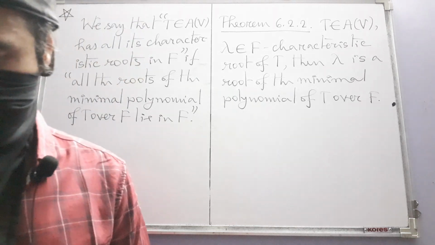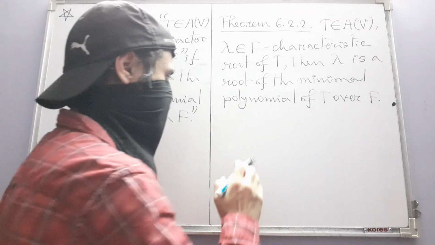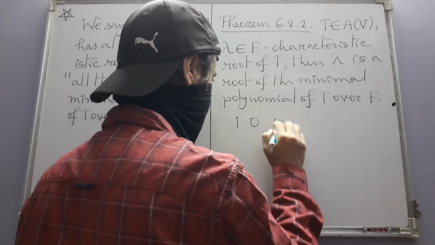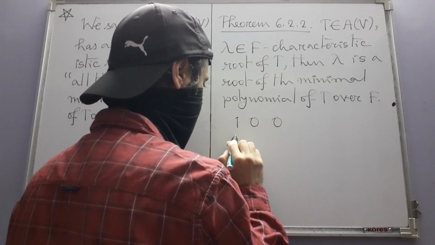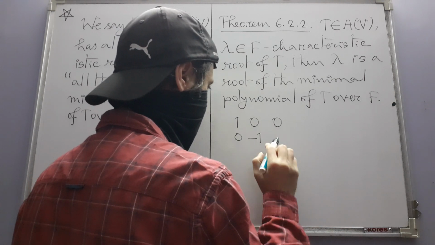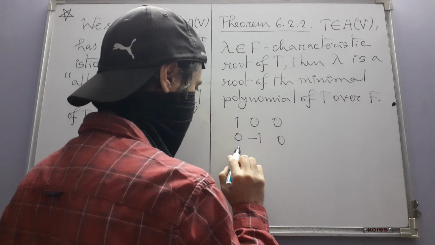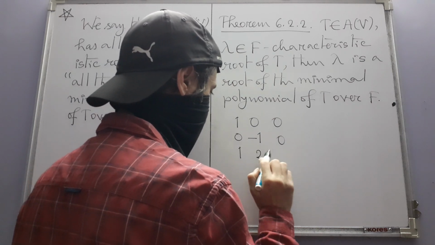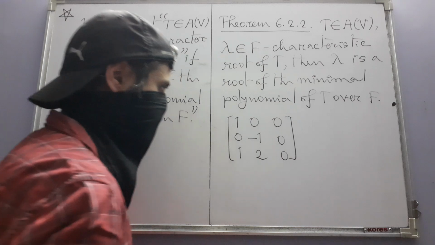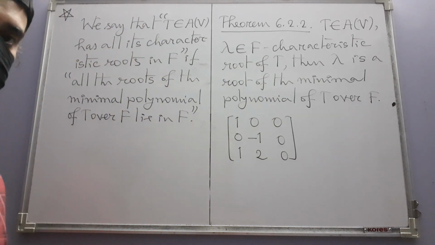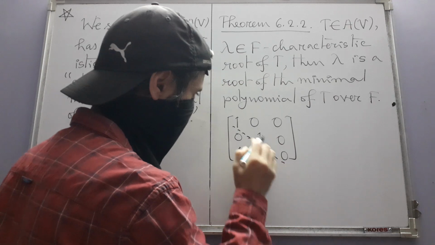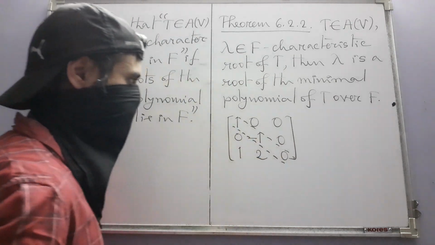For example, this is a triangular matrix. Say -1, 0, 1, 2, 0. This is a 3 by 3 triangular matrix where this of course is the main diagonal, the leading diagonal.